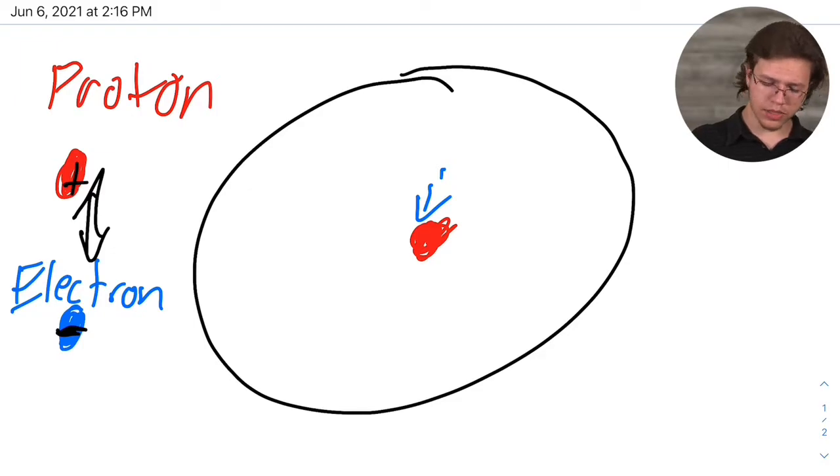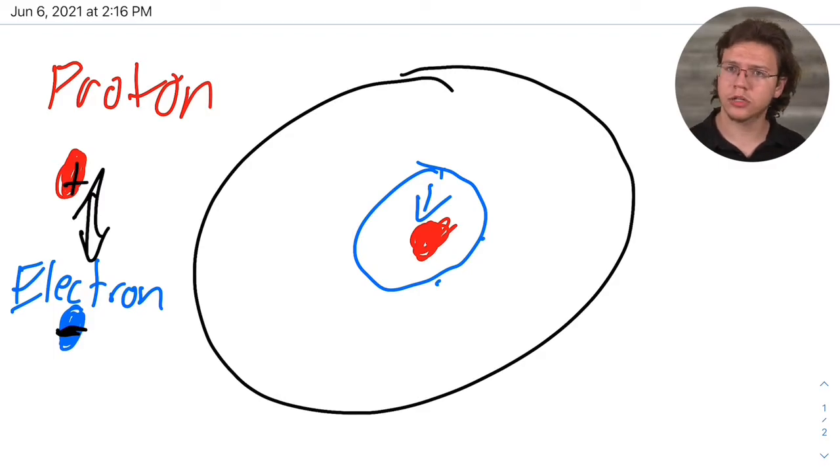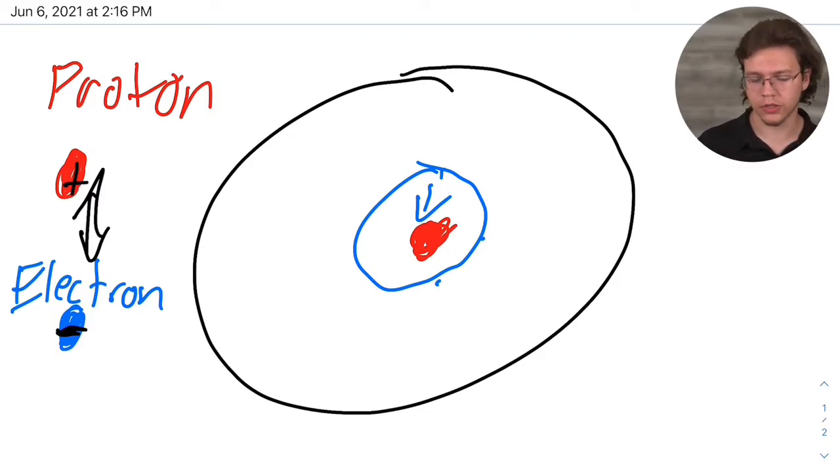But at the same time, there are other electrons outside in the atom as well, and they want to get in close too. But the closer you get, the closer they also get to each other. So they end up making these little rings around the nucleus. And we call those electron shells, or energy levels, you could also say.